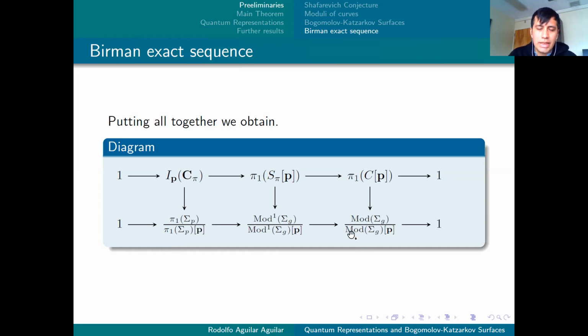So once again, if we could construct a representation of this group that is very well behaved under this kind of maps, and we can see that these have infinite image, then it will restrict to this subgroup.